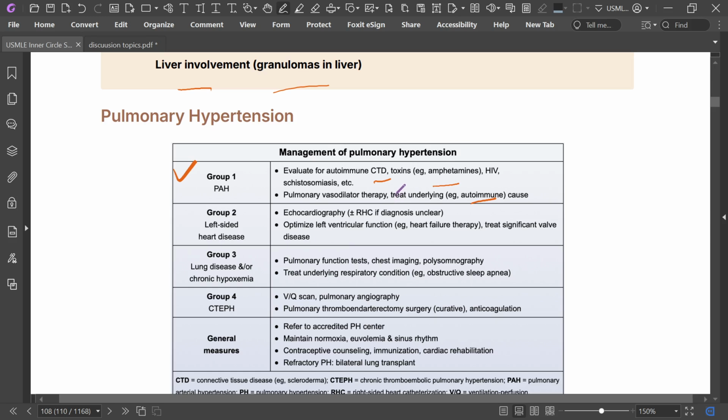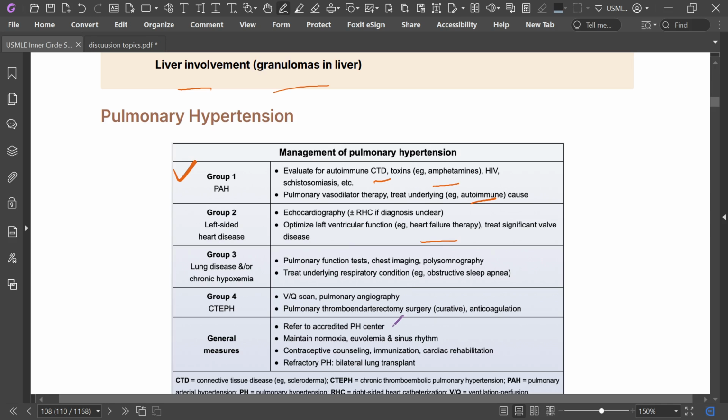Group 2, left-sided heart disease: echocardiography with or without right heart catheterization if the diagnosis is unclear, optimize left ventricular function, heart failure therapy, and treat significant valve disease. Group 3, lung disease with chronic hypoxemia: pulmonary function test, chest imaging, polysomnography, treat the underlying respiratory condition, obstructive sleep apnea.